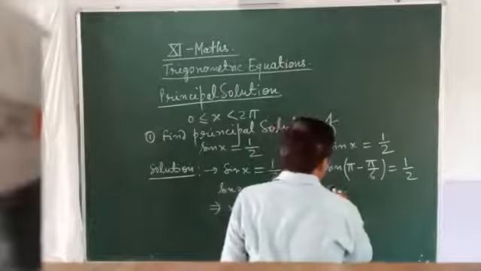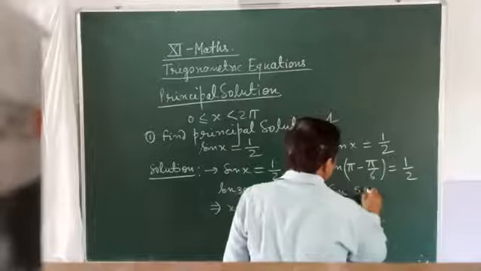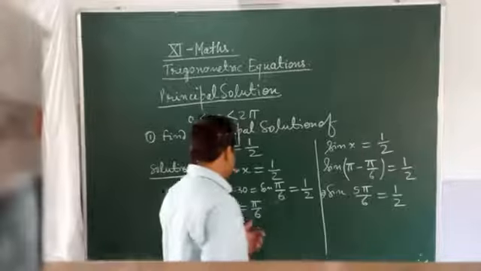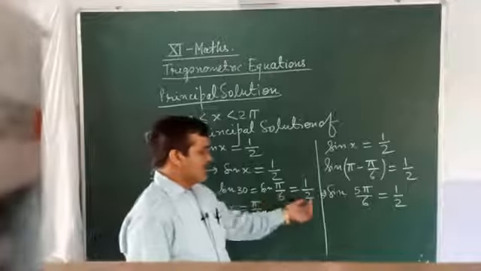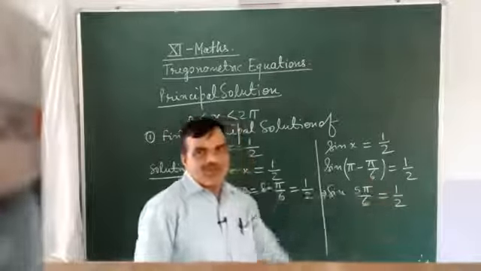On solving, we have pi minus pi by 6 equals 5 pi by 6. So sin pi by 6 is 1 by 2 and sin 5 pi by 6 is also 1 by 2.